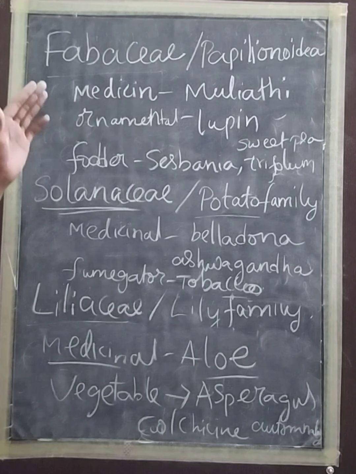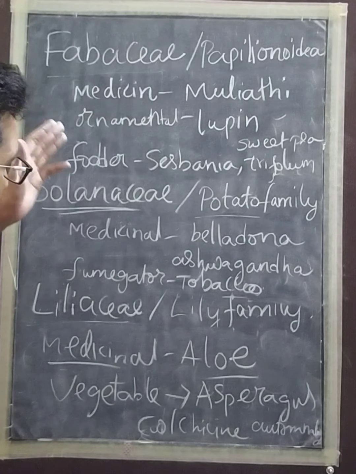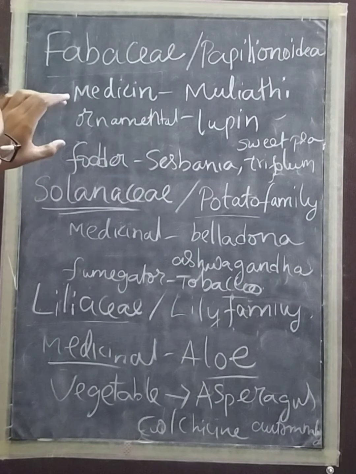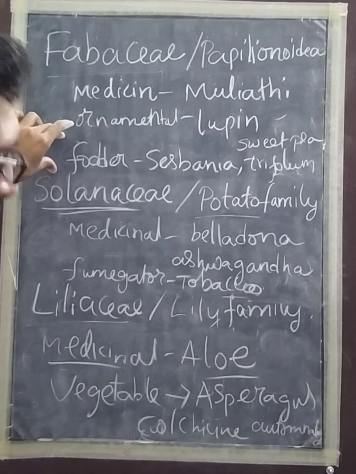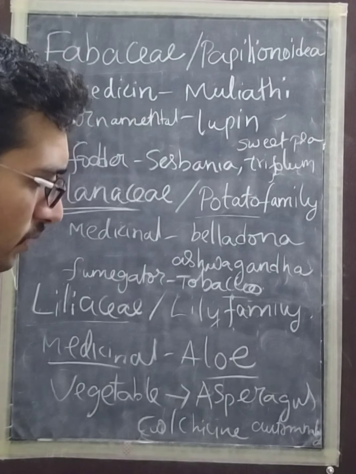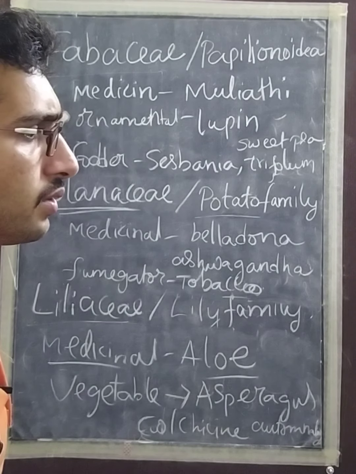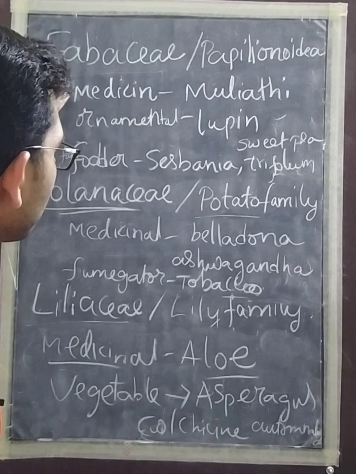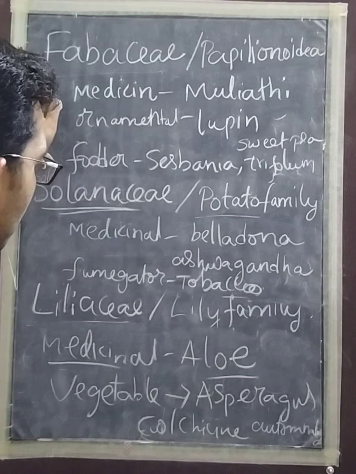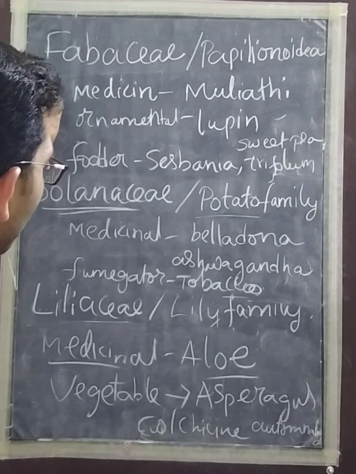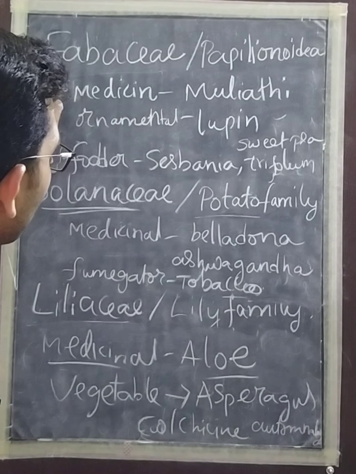So we can use these as medicine, ornament, fodder, and these are also used for food, pulses, as we have told already. So we can consider these the most important features.